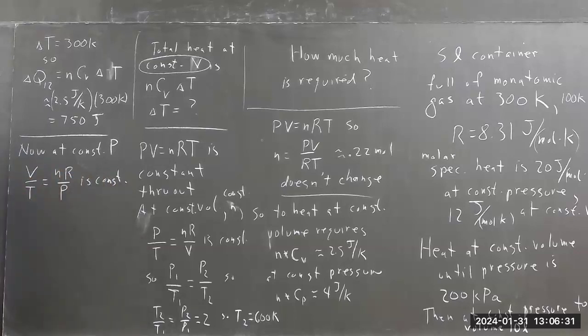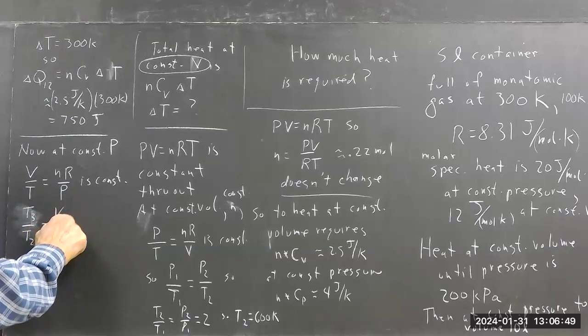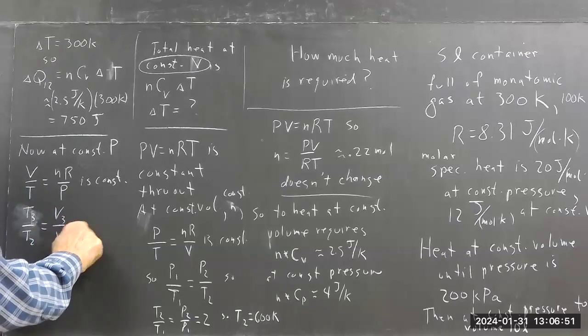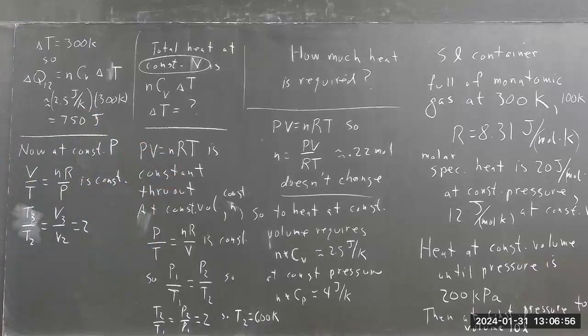V over T, which is NR over P, is constant. It just turns out that the volume ratio here I chose was 2 because it's easy to work with. So the temperature ratio is 2.